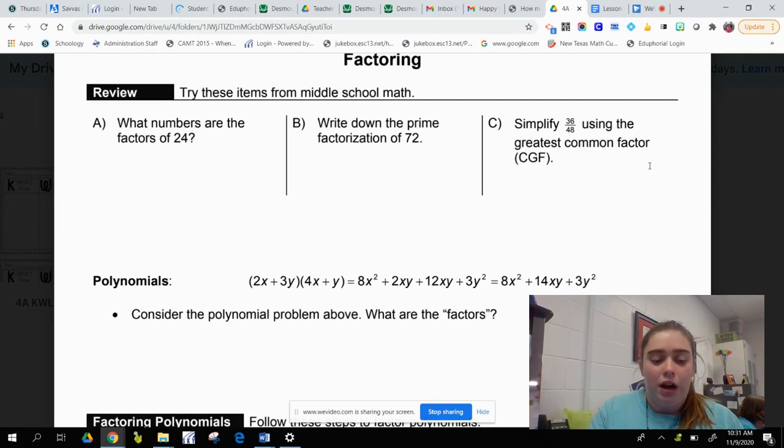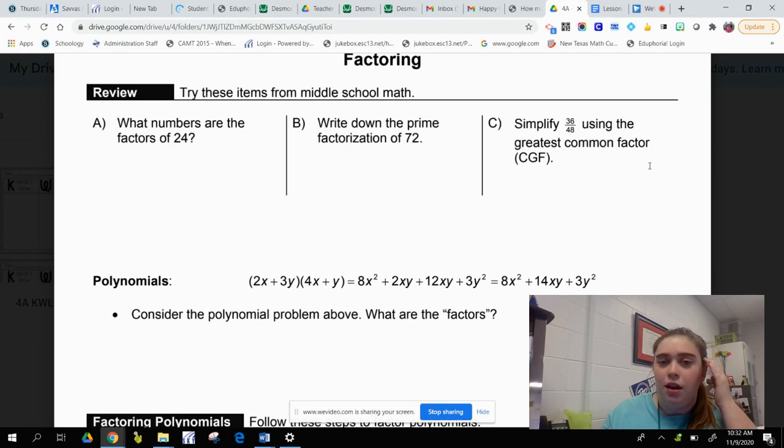So, on Friday, we talked about adding, subtracting, and multiplying polynomials. Okay. So, starting to get into something a little new, and that was kind of a refresher for you, hopefully. So today, we're going to start looking at kind of the opposite of multiplying polynomials, and that is factoring polynomials.